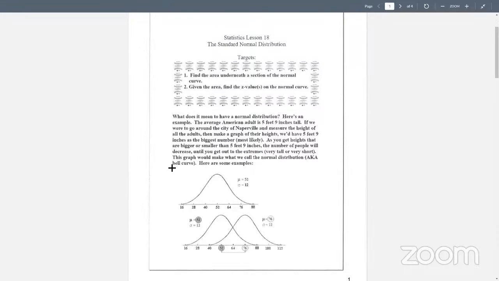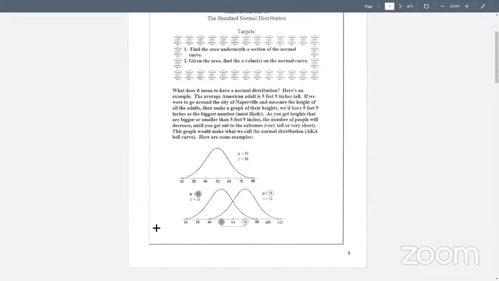Find the area underneath the section of the normal curve. Okay, so the Greek u is the mean, and that one that looks like a fancy O is the standard deviation. So you start at the mean.